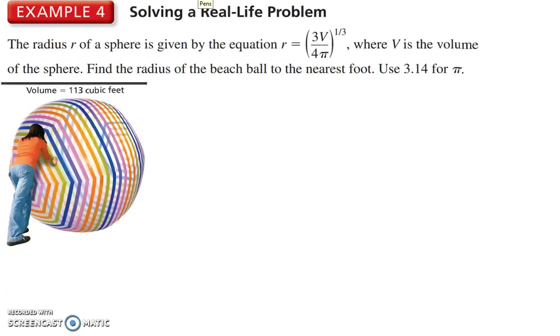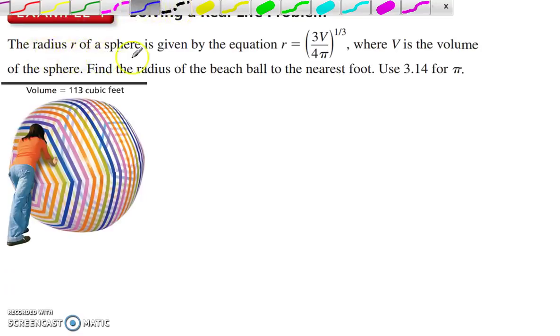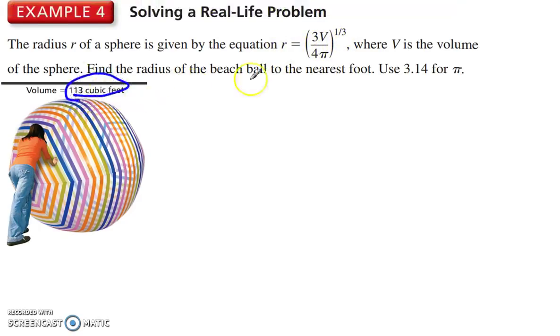All right, in this next example, they want us to find the radius of a sphere, and they've already solved the formula for the radius. Okay, but now we need to fill in. We know the volume here, and we're using 3.14.